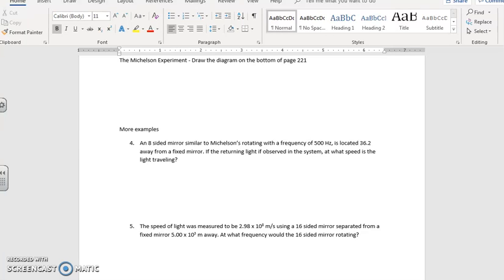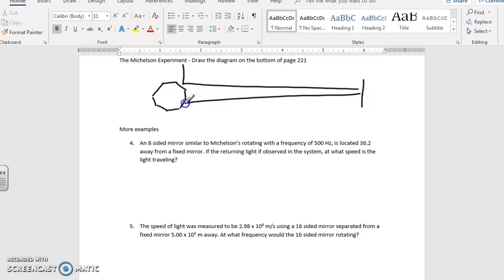All right, we are back. Now, in the case of the Michelson experiment, you had a multi-sided mirror. Light would generate from that mirror, go a tremendous distance, and back in order for light to be observed.